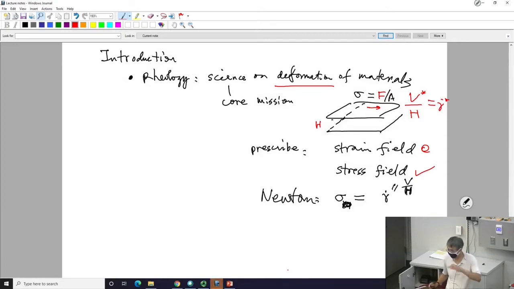As an experimentalist, you can move your surface with a certain velocity. You know how far it is from the lower surface, which is fixed, so you have the shear rate. And Newton found that the stress turns out to be linearly proportional to the shear rate, and this proportionality constant is viscosity, or shear viscosity.